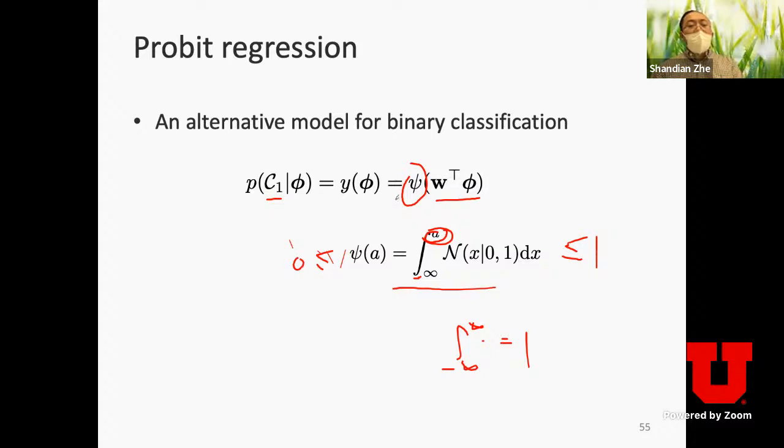So that means this standard Gaussian CDF will always give you a valid probability. That is the probit regression. The only difference is in how you choose this score mapping. You need to map the raw score to some probability. Logistic regression just uses the logistic function or sigmoid function, and probit regression uses the Gaussian CDF.